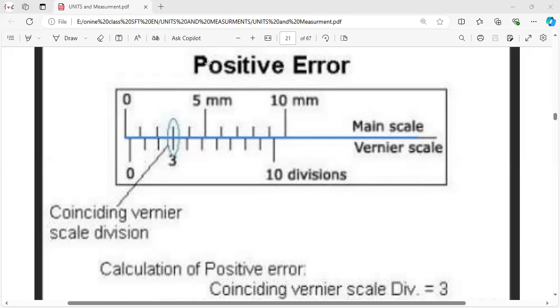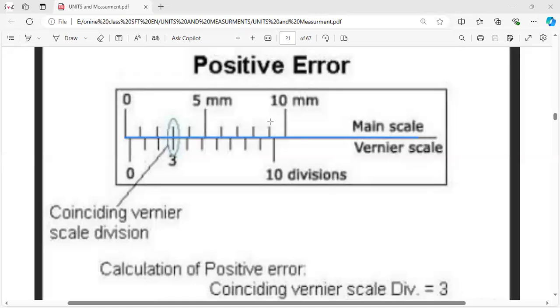Now this is how we are going to read this one, okay? If there is no error in the measurement, which means there's a zero error, usually this 0 to 0 is aligned and all the other parts are not aligned. Only this 10th part is going to align with this 9th millimeter point.